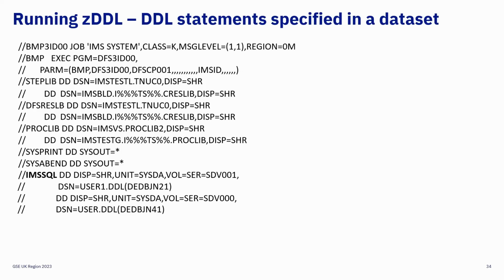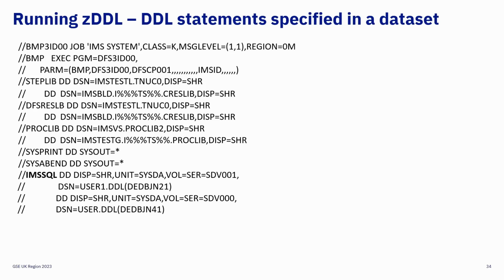One of the things that you might have seen from the first section of this presentation, where I talked about DDL syntax, is that DDL syntax can be huge, right? DBDs can be huge, PSBs can be huge. So these DDLs can be huge.